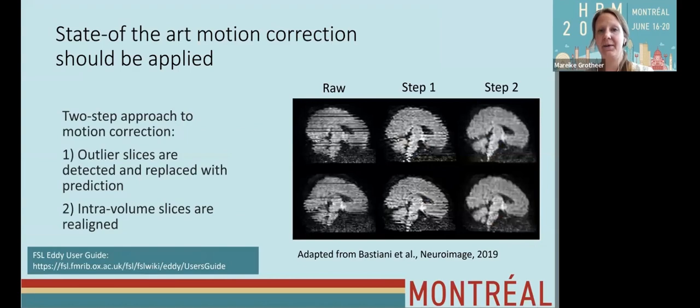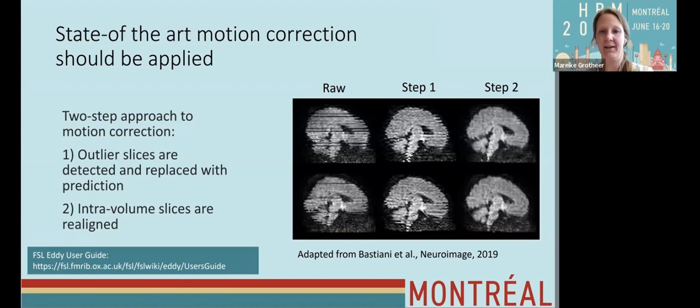But all that said, as with all MRI scans, there will always be some motion left over. So when working with infant data, you just want to make sure that you're utilizing the latest approaches for motion correction. For example, you could use the newest version of FSL's eddy tool, which performs motion correction in 2 steps.